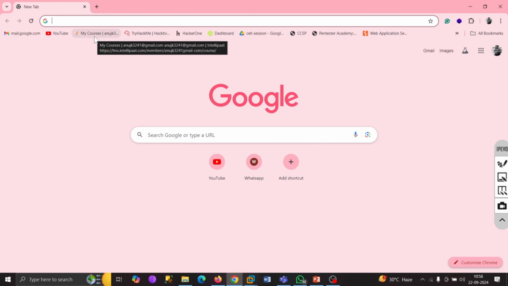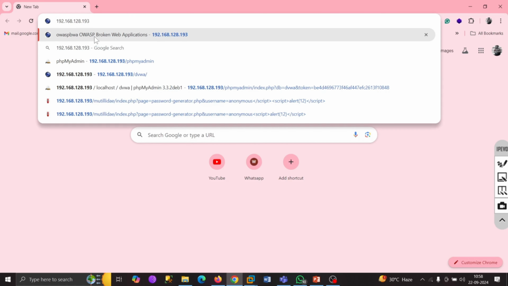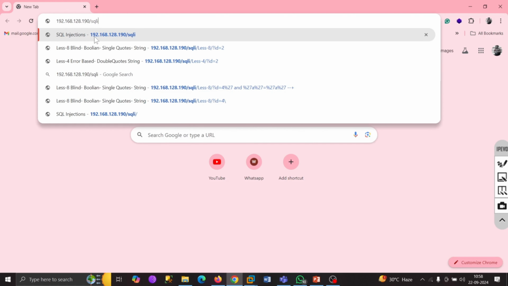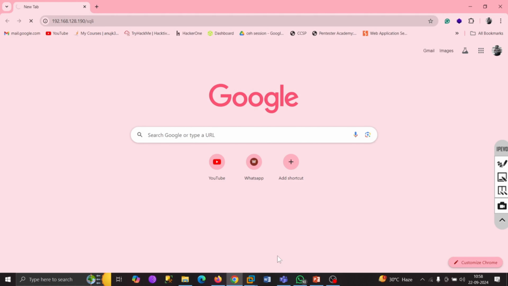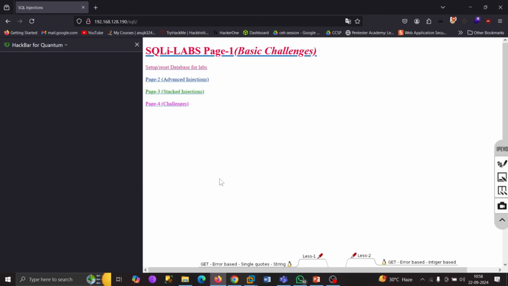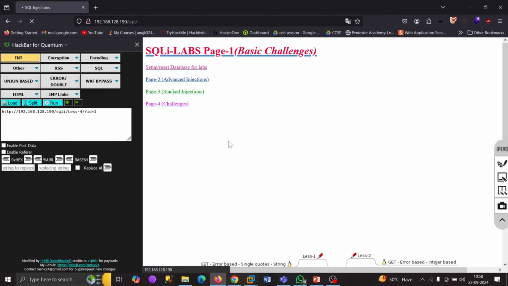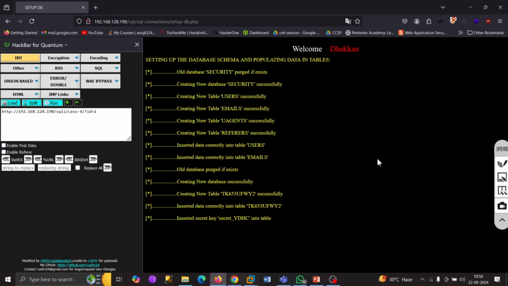I don't know why my Firefox is running so slow. Okay, I'm going to reset the database. Finally, I have reset the database.